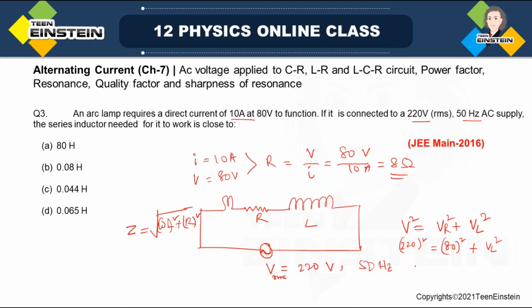So from here we can write VL^2 = 220^2 - 80^2.